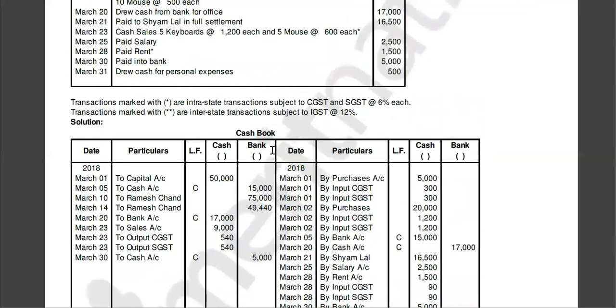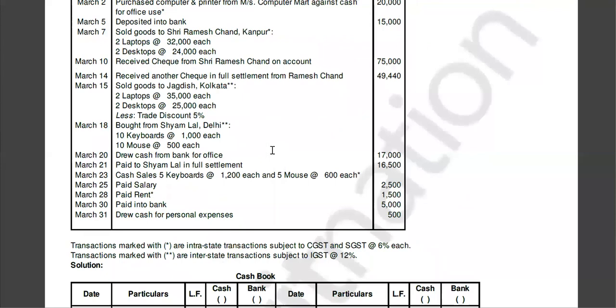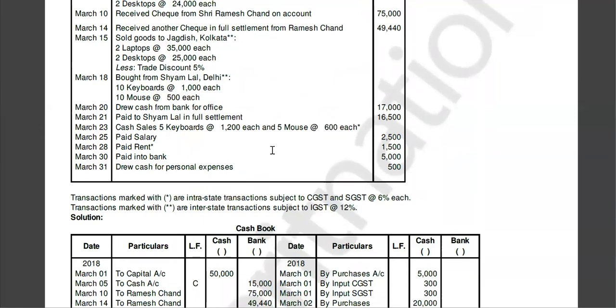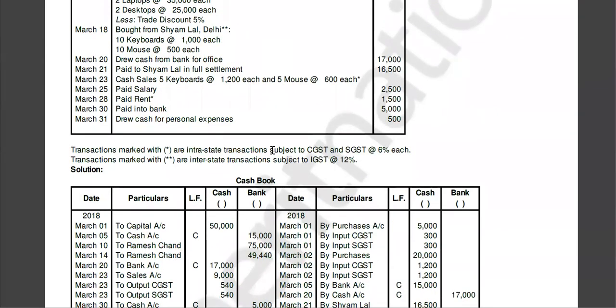Then March 10. After that, March 14. Receive another check in full settlement from Ramesh Chand, 49,440. Here we are doing a double column cash book, so we need not write the discount.